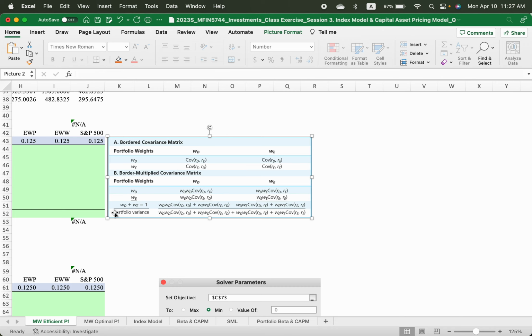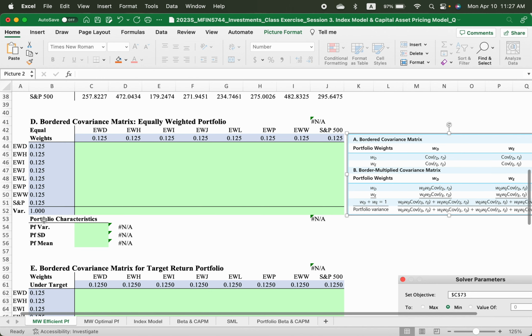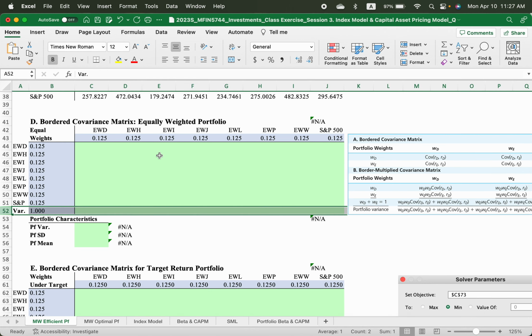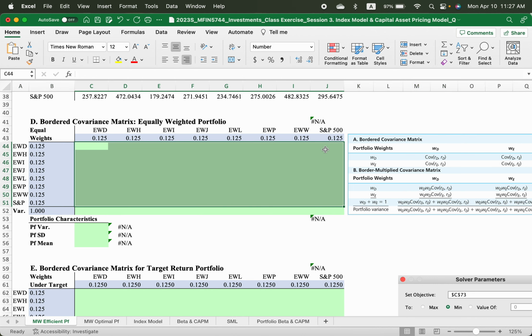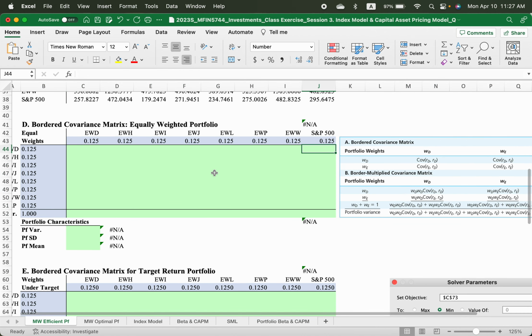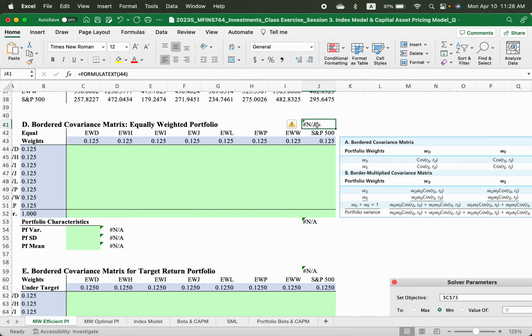So the portfolio variance is just the sum of all the weights multiplied by the covariance matrix. Let's calculate this weighted covariance matrix. Let me show the formula here so that you can see it.